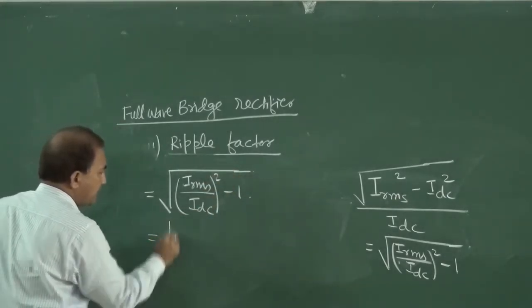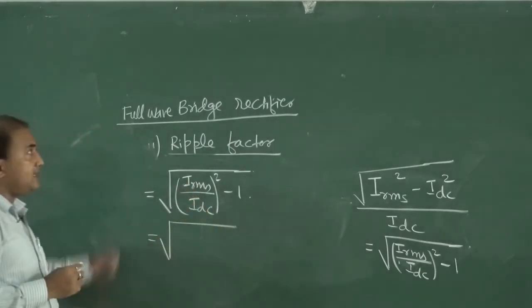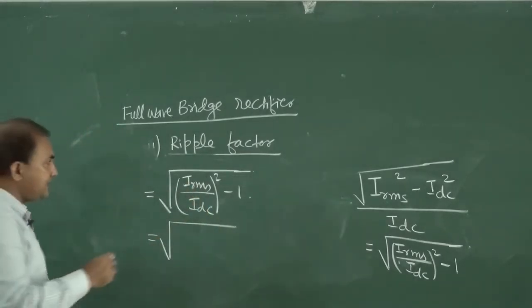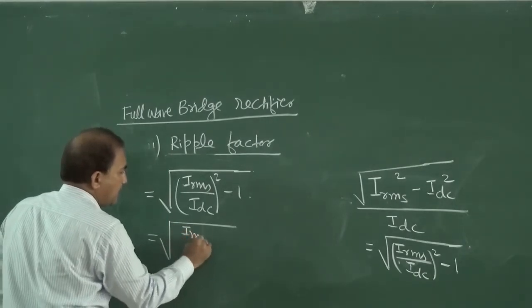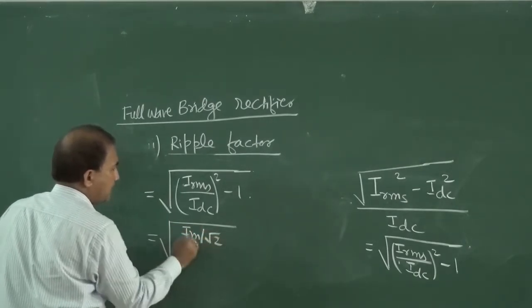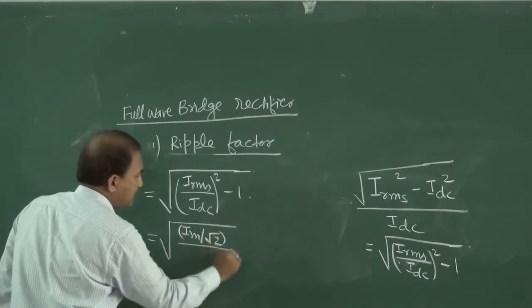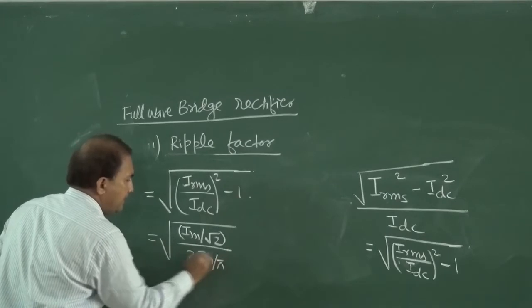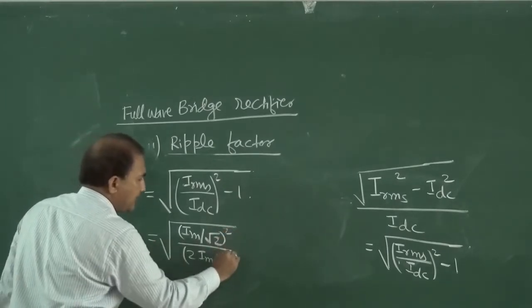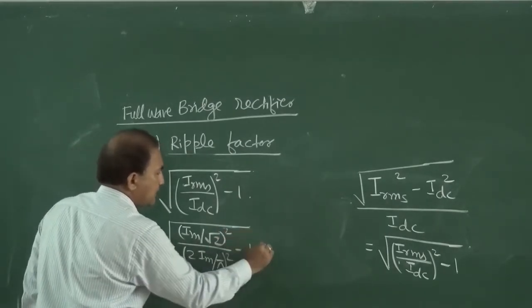What is IRMS in case of a full wave bridge rectifier circuit? It is equal to Im by root 2, divided by IDC, which is 2Im by pi, squared, minus 1.